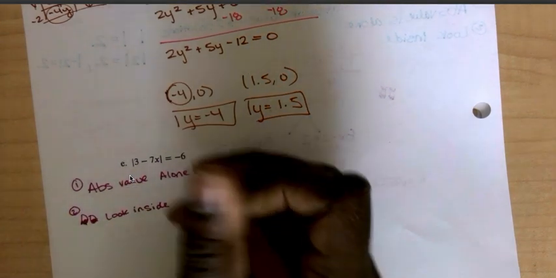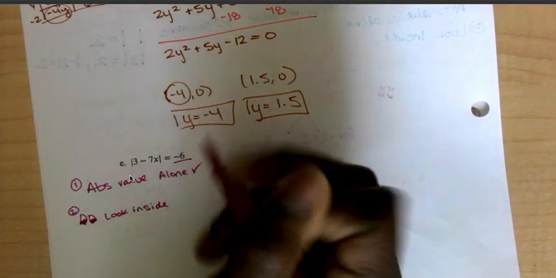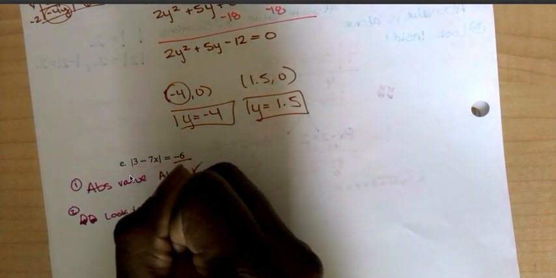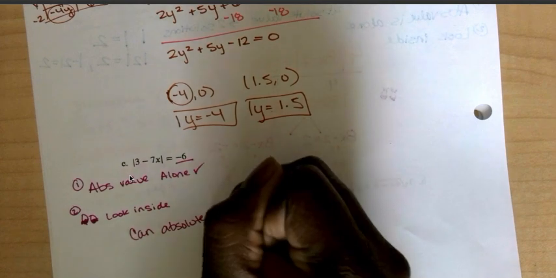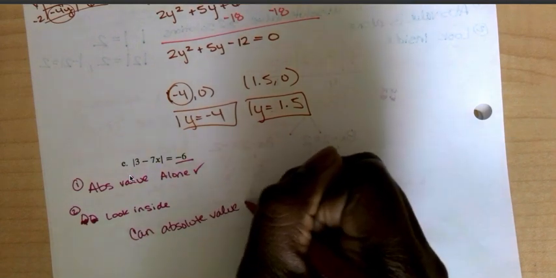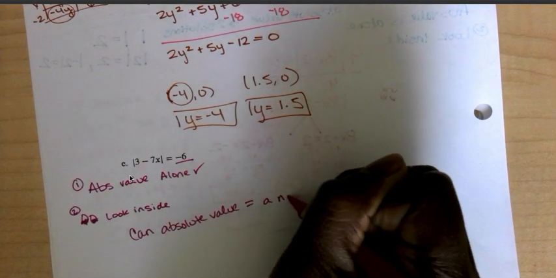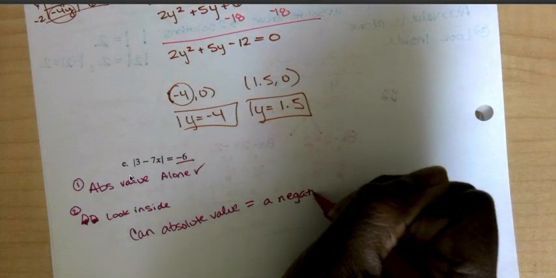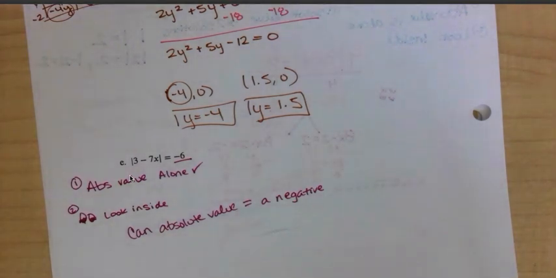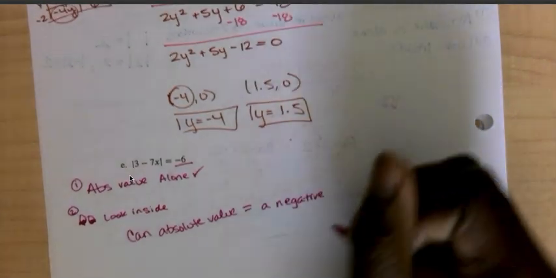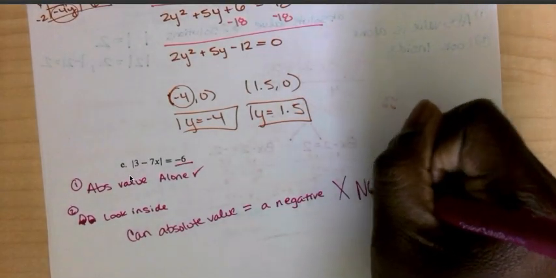And the question I want to ask is, can my absolute value be negative? So can absolute value be negative or equal a negative? Think about it like distance. If you walk backwards, you're still walking the same distance, but the direction is backwards. You didn't walk negative feet. So the actual answer is no, it can't.